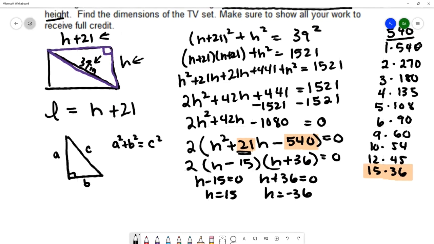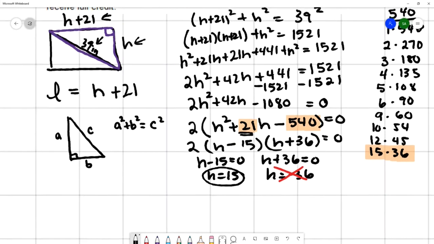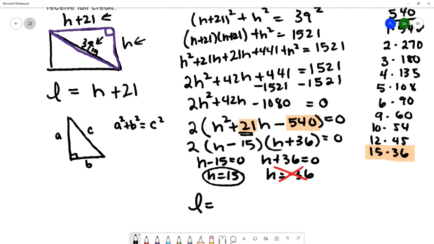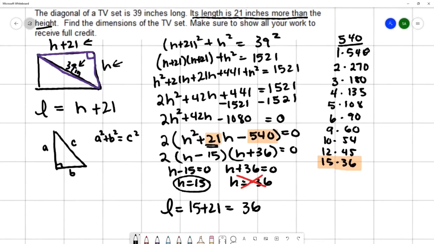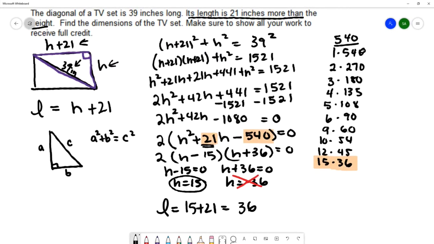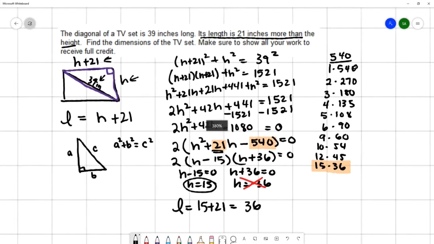Remember, h stands for the height, so having a negative height doesn't make sense. So this is our solution of having a height of 15, and then the length will be 15 plus 21. That's going to be 36. So the dimensions of our television set will have a height of 15 and a length of 36.